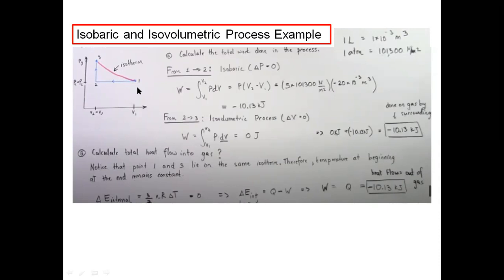Then in this case the temperature is constant, so delta E internal تساوي 3/2 n R delta T. بما إنه temperature is constant, the change of temperature will be 0. This implies that delta E internal equals 0. هذا يؤدي إلى delta E internal تساوي Q minus the work. هذا يعني إن الورك يساوي the Q the heat وتساوي minus 10.13 kilojoules. So this is heat flow out of the gas.